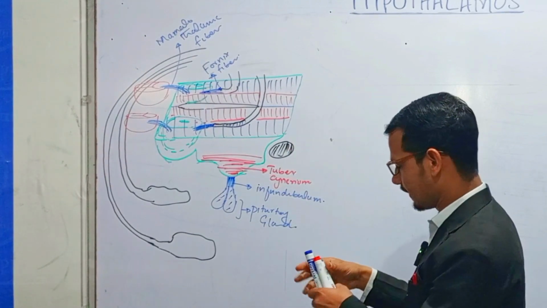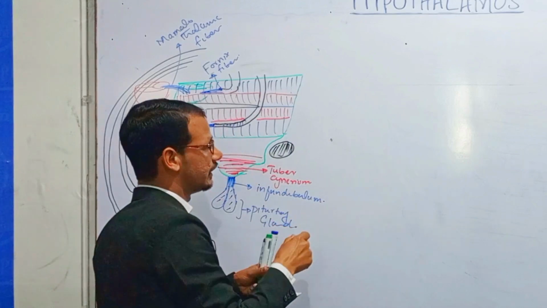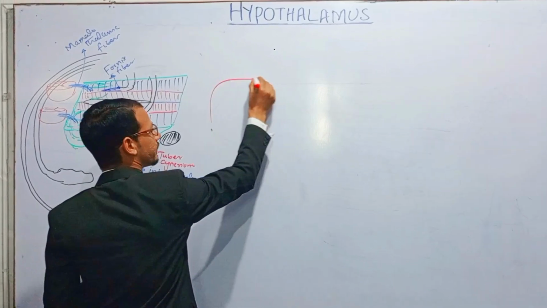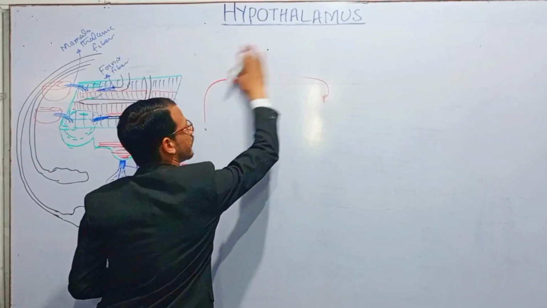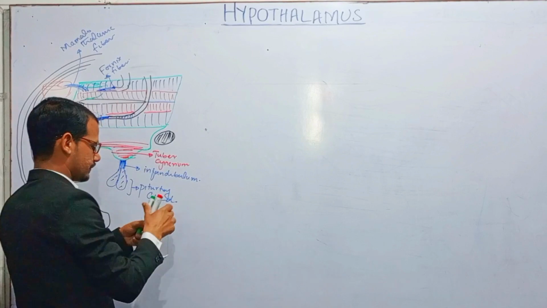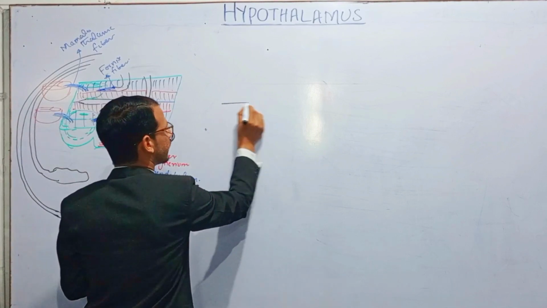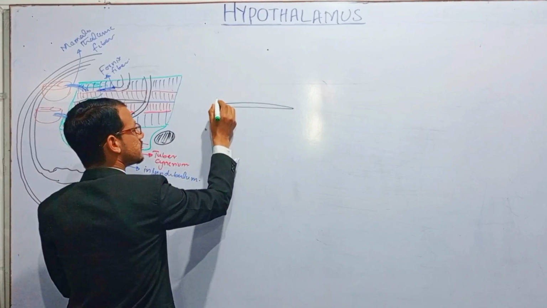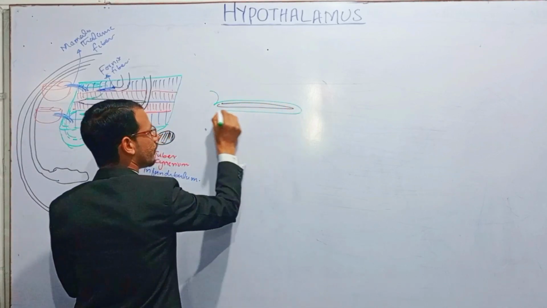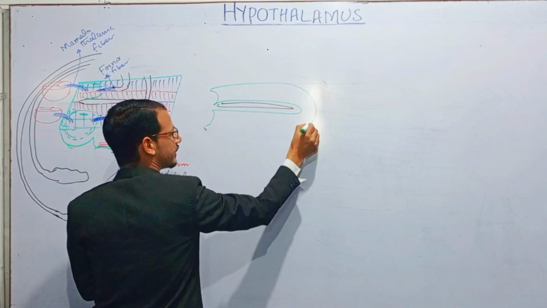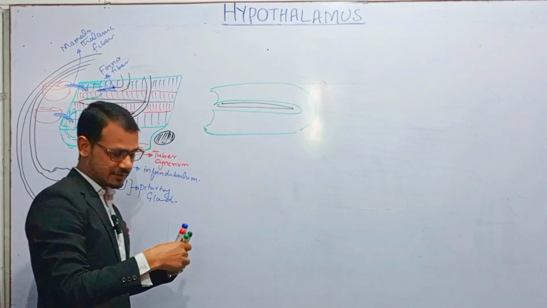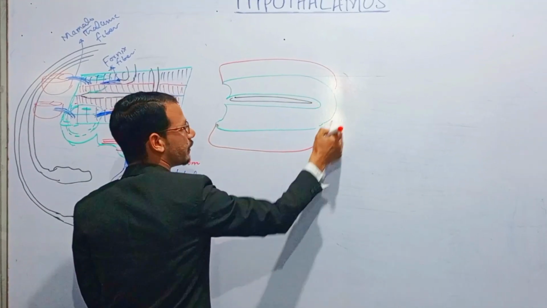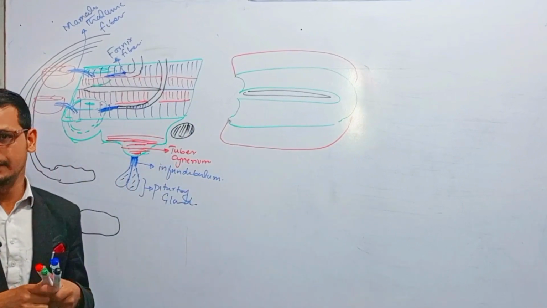Now you will tell me the nucleus that we have already discussed. For example, this is the third ventricle. This green is the medial side of the hypothalamus and this red is the lateral side of the hypothalamus, right?